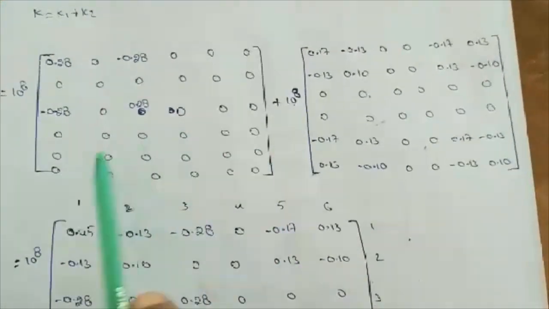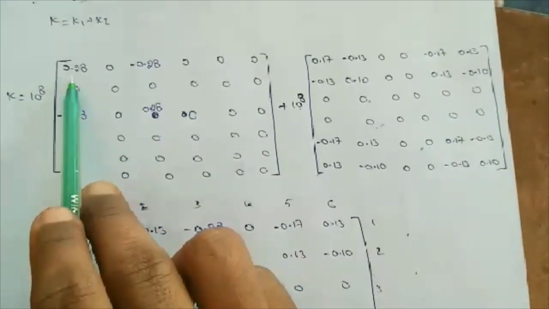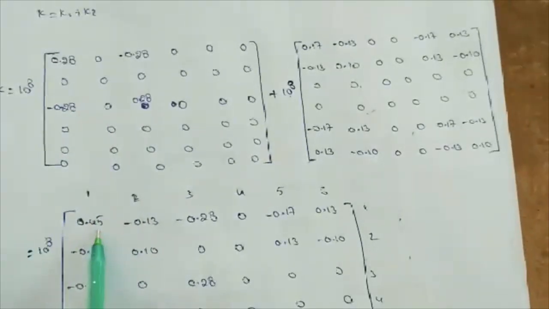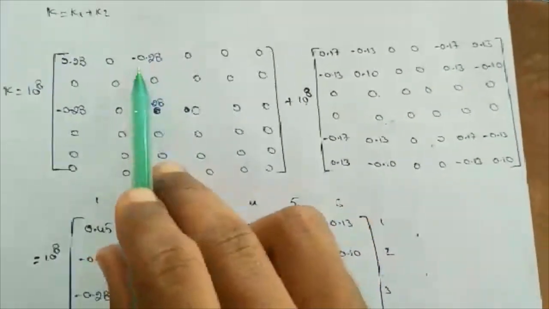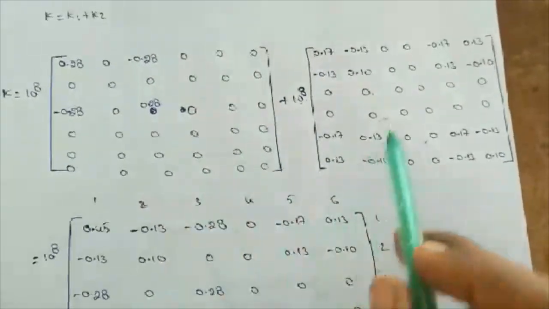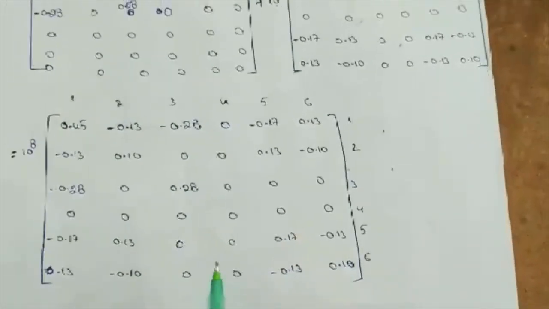Then add this 0.28 plus 0.17, you got 0.45. Next 0 plus minus 0.13 means minus 0.13. Similarly minus 0.28 plus 0 means minus 0.28. Similarly you have to add all these two matrices. You got this 6 by 6 matrix. This is the global stiffness matrix.